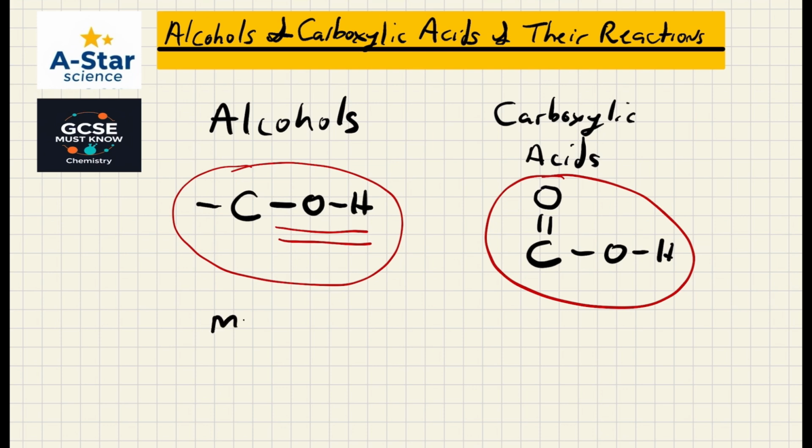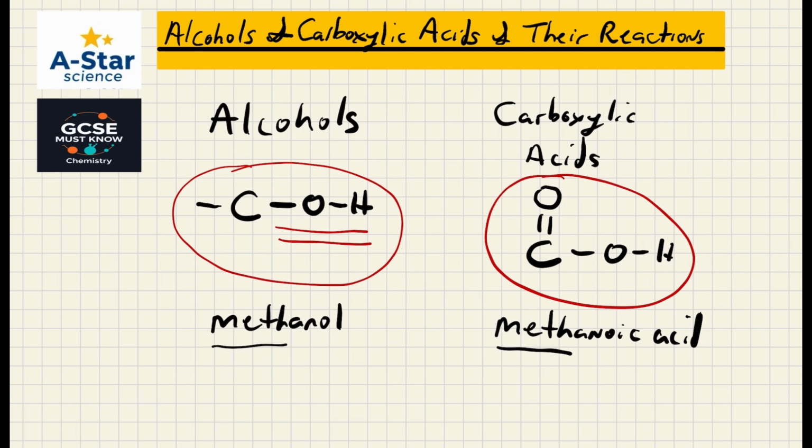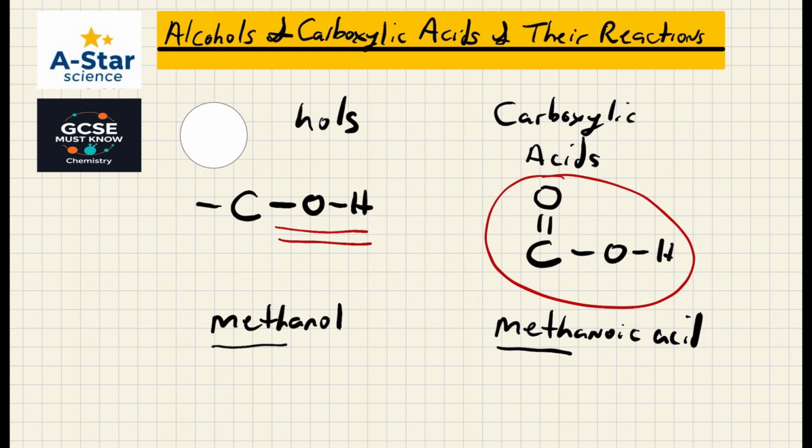So for example, if it had one carbon, we would call it methanol for the alcohol. And if it had one carbon for the carboxylic acid, we'd call it methanoic acid. One carbon, we use meth. Same thing with two carbons, it will be ethanol, or for the carboxylic acid, it will be ethanoic acid. So the naming is the same.